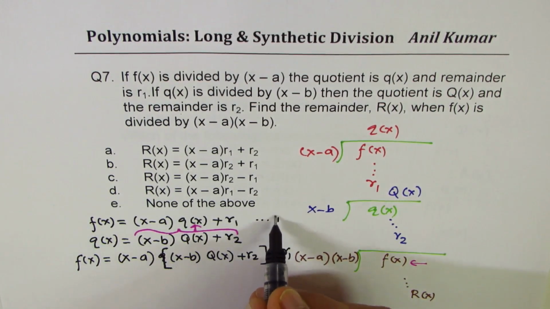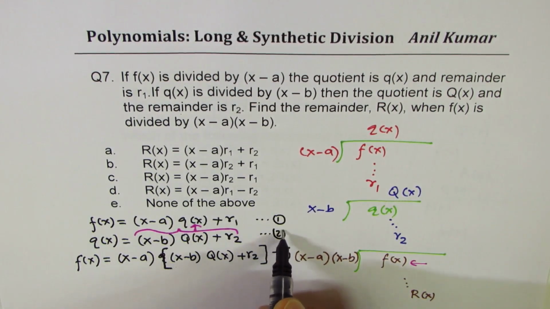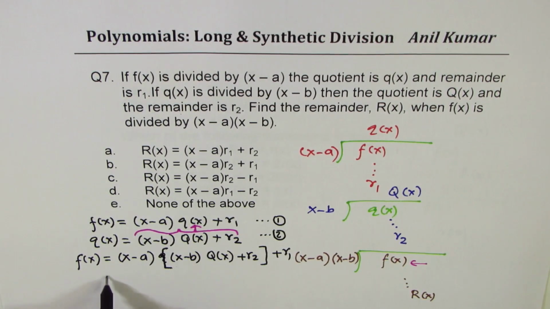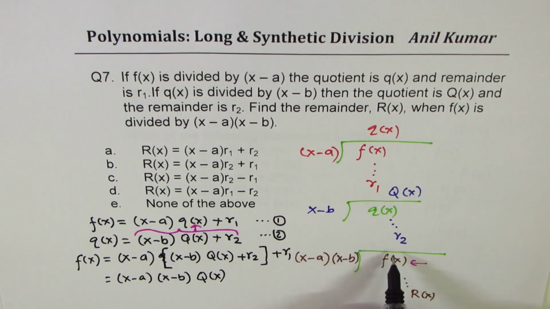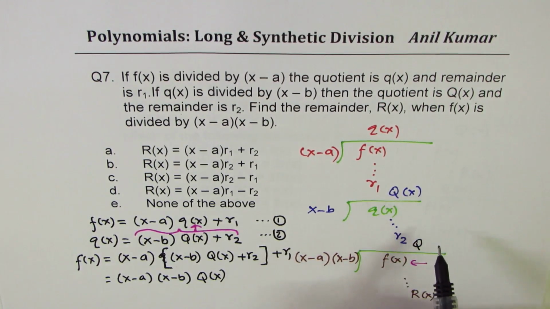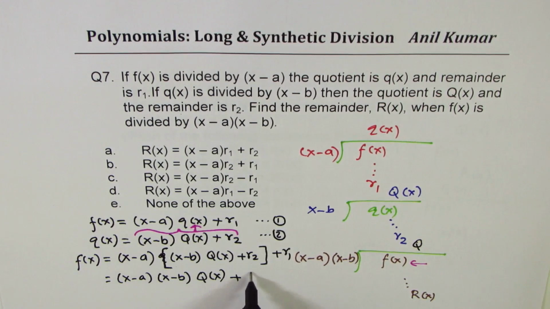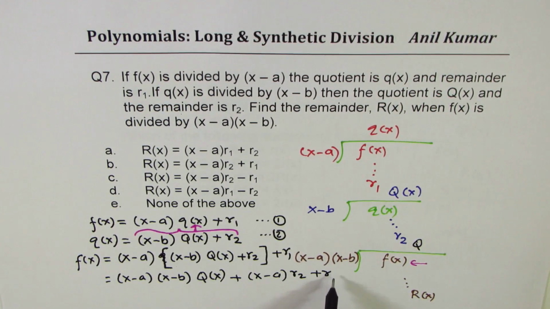Let's call this equation 1, this equation 2. Now we can expand, so we get x minus a times x minus b times capital Q of x. Now that gives you this part, right? So this is capital Q of x, this capital Q of x, right? Plus x minus a times r2 plus r1. Does it make sense to you?